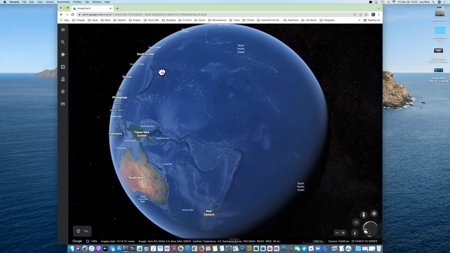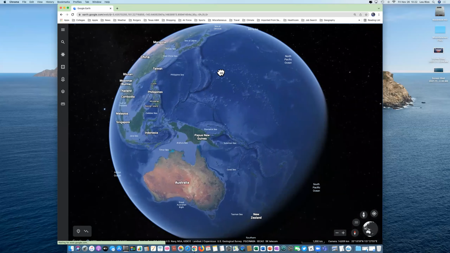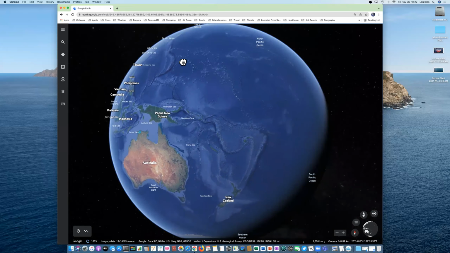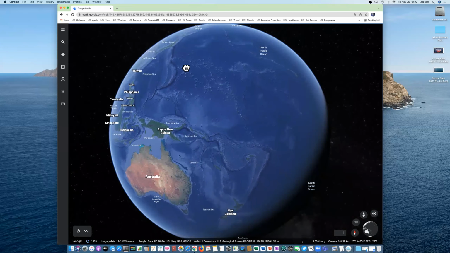As you can see by the Google Earth depiction, this area is really big and very spread out, not particularly heavily populated, but under threat of sea level rise as its primary climate change driver.